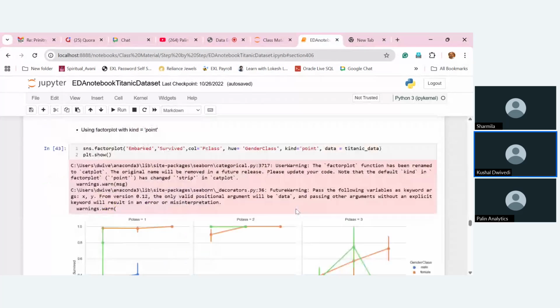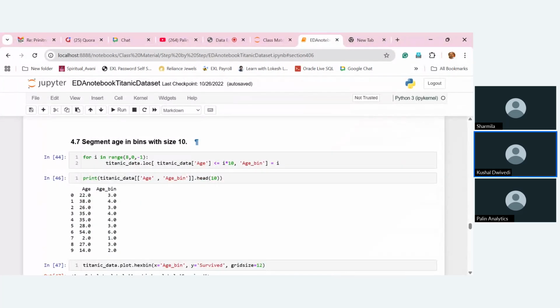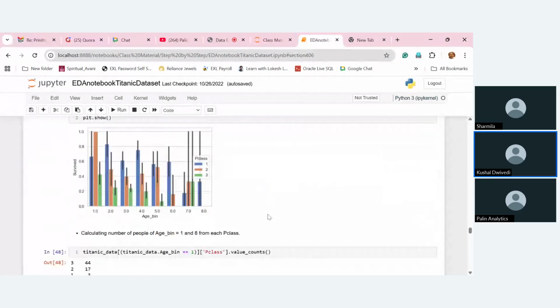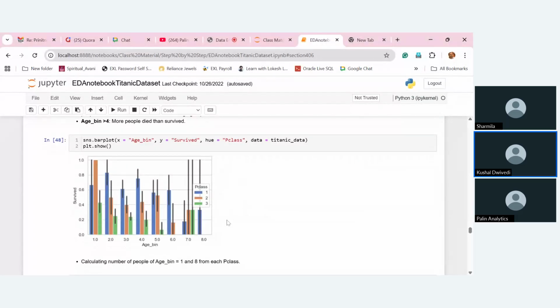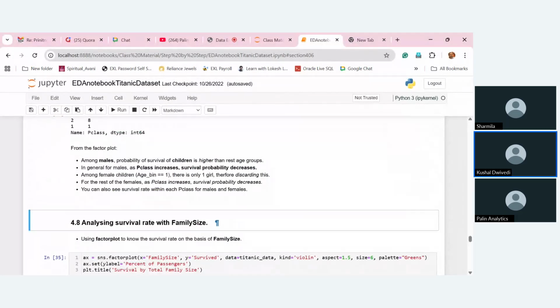This was the sixth question, and then the seventh question was to segment age in bin size of 10. So how many people were there up to age 22? There were three. Then up to 38, four. We have created the bins out of it, and the bar plot is checked with this. Okay, then analysis of survival, analyzing the survival rate with the family size.